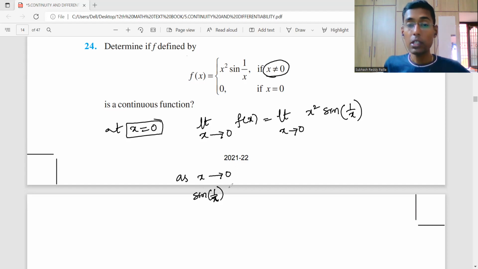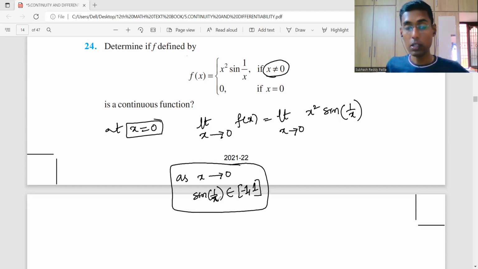Then what will happen here? This will be between minus 1 and 1. Yes or no? Yes, so the range of sine 1 by x lies between minus 1 and 1.